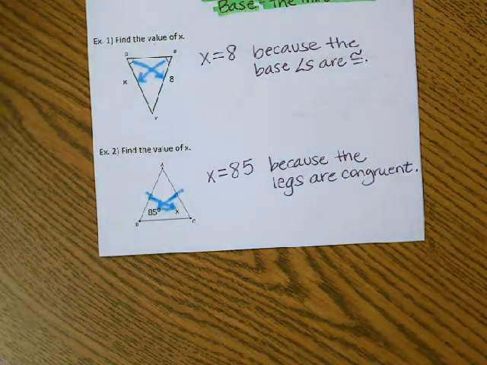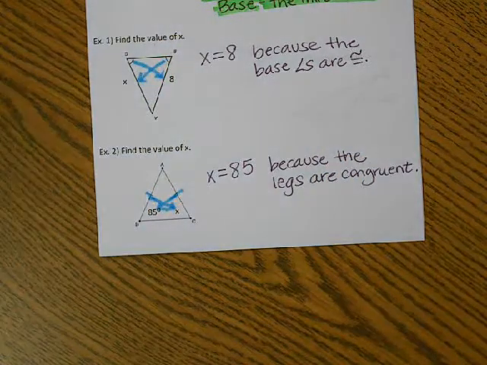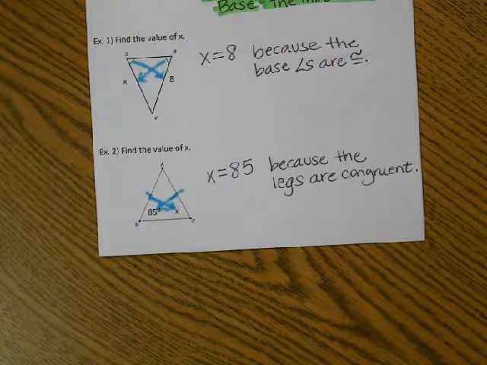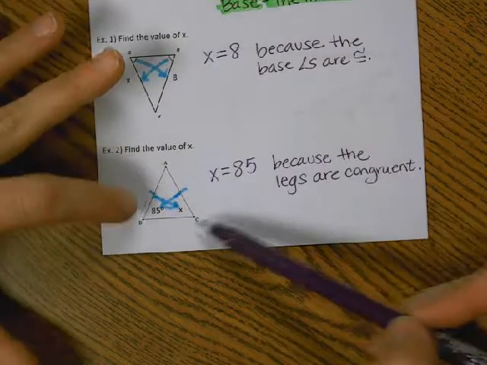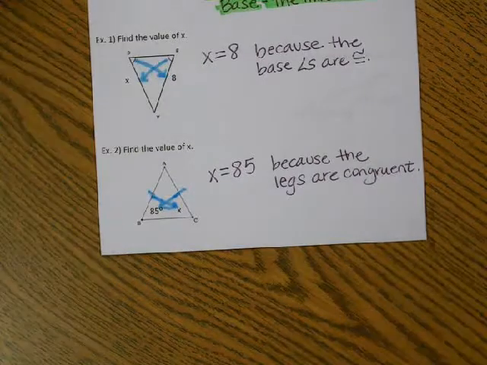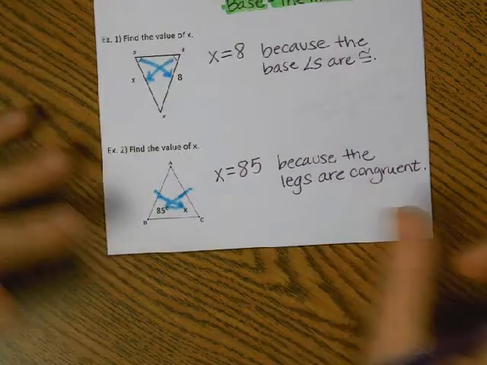You could have put the congruent symbol; you didn't have to write out the whole word. So example 1 and example 2 are basically saying, if my angles are congruent, then my legs are congruent, and if my legs are congruent, then my angles are congruent. It's just showing both of those theorems.